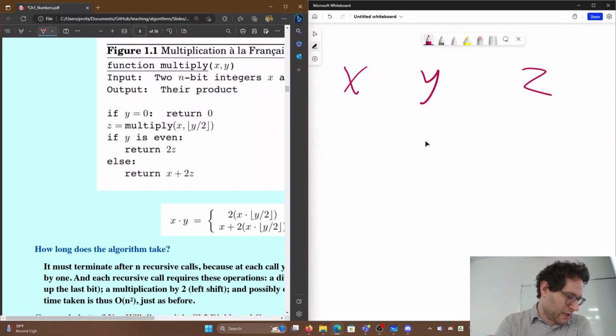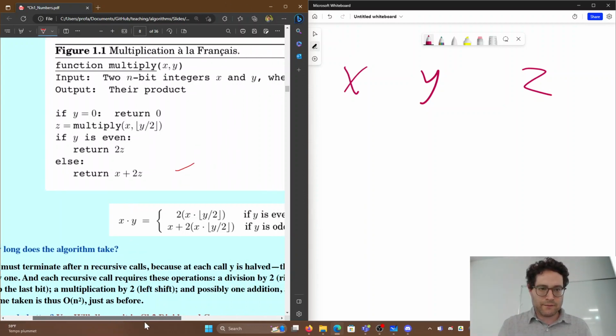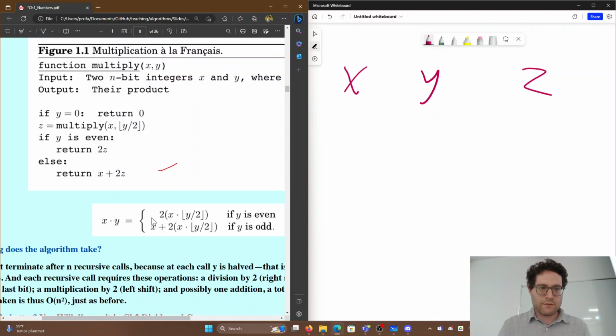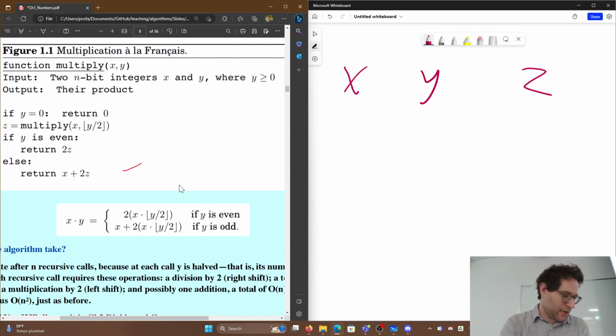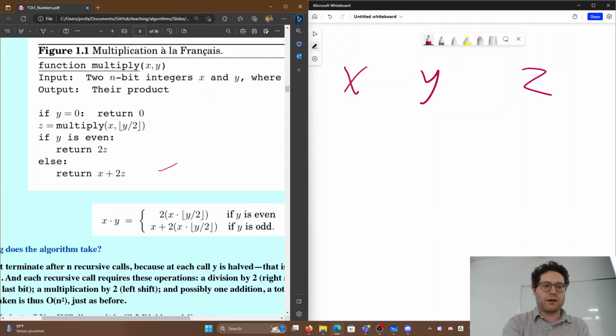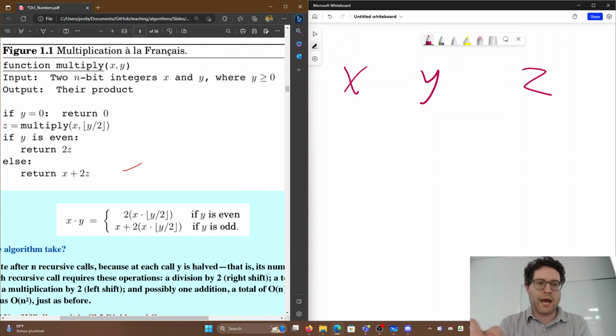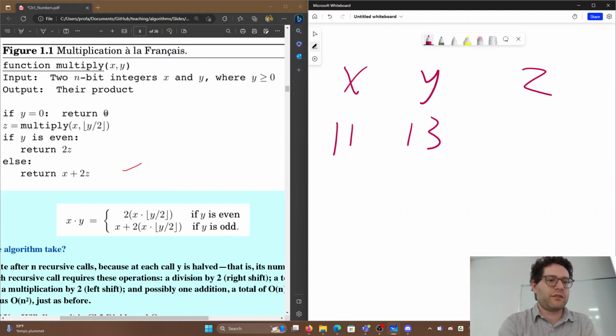So here we are taking in x and y, and it says y is greater than 0, and x is whatever. It doesn't matter which one is which. So I'll do 11 and 13. If y is equal to 0, return 0.